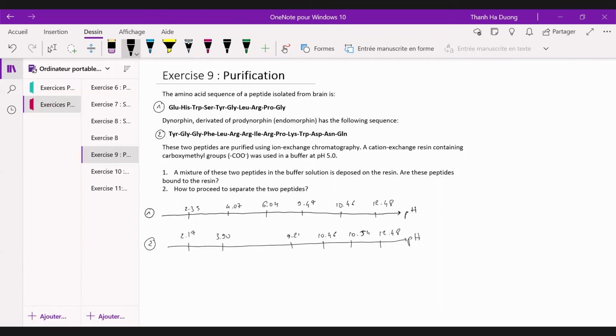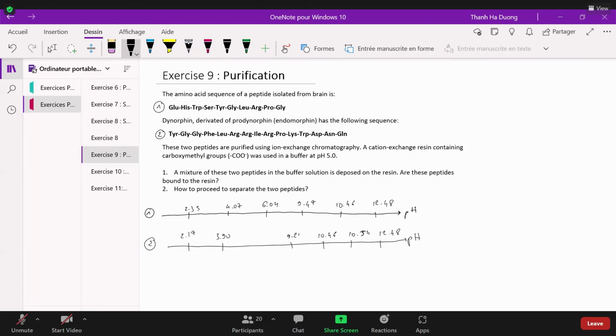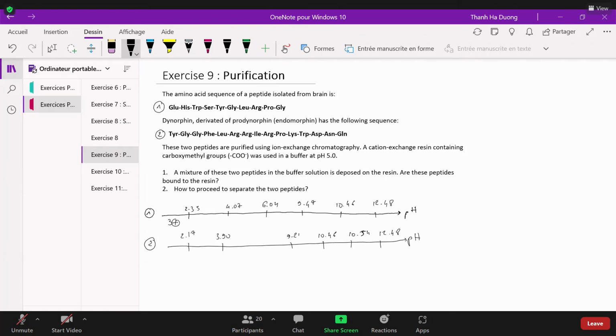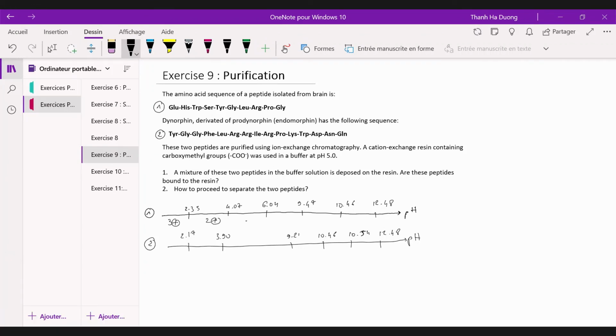Okay, because I want to explain to you the last two exercises, so you have to do that also. I give you the charge of the peptide according to the pH in the diagram. If you did this diagram properly, you will see that you have 3 plus here, 2 plus here, plus, neutral, negative, 2 negative, and 3 negative.